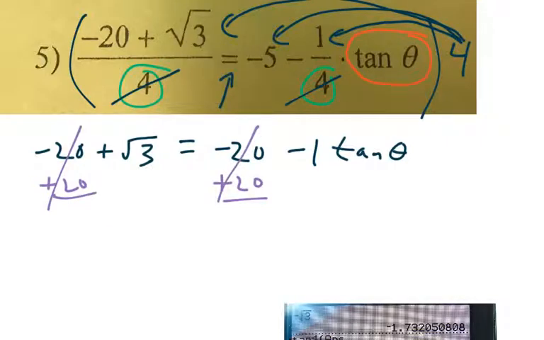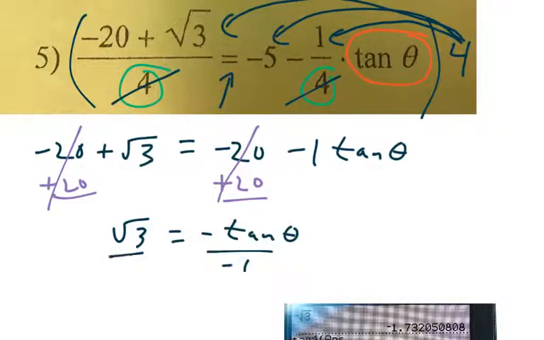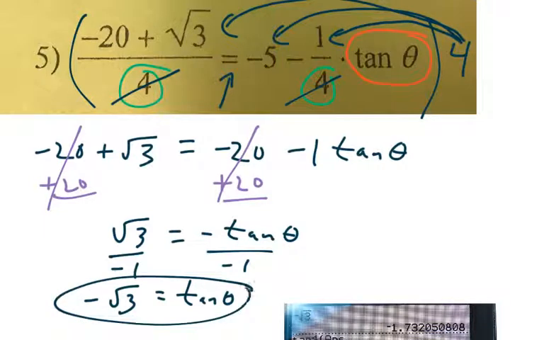And now I'm left with square root of 3 equal to negative 1 tangent theta. So dividing by negative 1, tangent theta equals negative square root of 3. From here, you should know I'm going to do a tangent inverse to find my angle theta, right? So let's take a look at the calculator here.